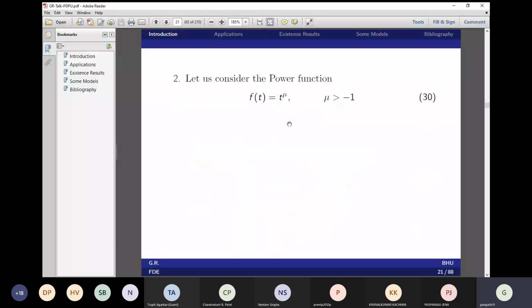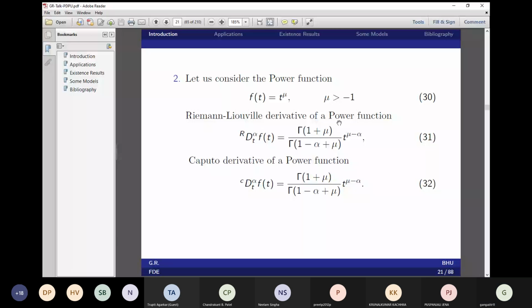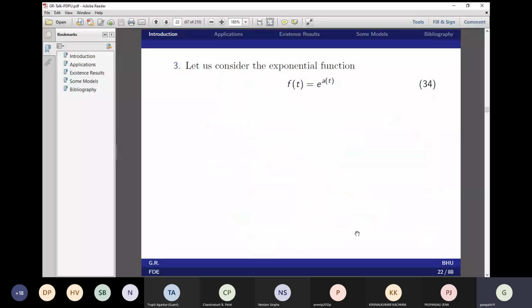Suppose we have a power function. We can easily find the Riemann-Liouville derivative of the power function this way, and the Caputo derivative of the power function is the same, like equation 32. The Riemann-Liouville integral of a power function is given by equation 33. Let us consider the exponential function.